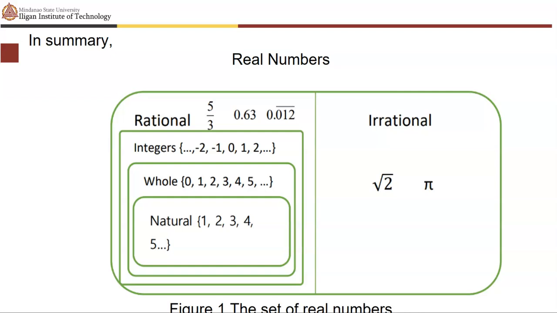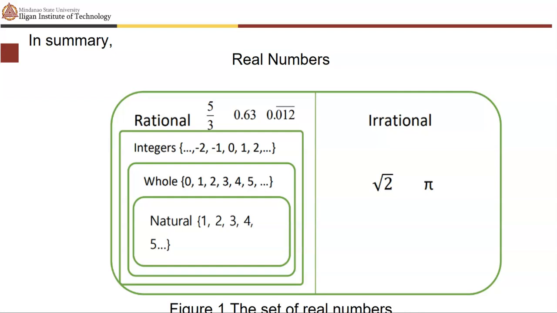For the integers, you have your negative integers, the 0 integer, and the positive integers 1, 2, down the line. As for your rational numbers, you have a number which can be expressed as p over q, where q should not be equal to 0. A over b, where b should not be equal to 0.